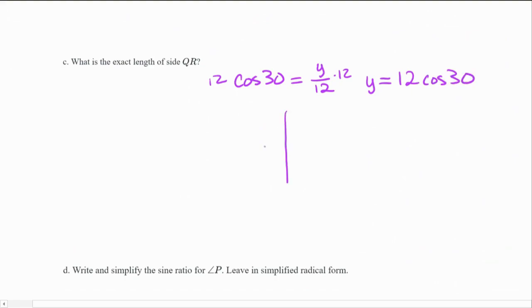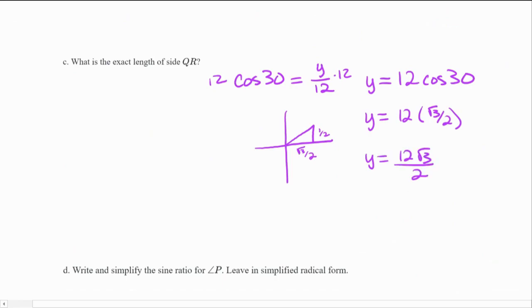Again, I know the cosine of 30 using the unit circle, because I said the sine of 30 was 1/2, and the cosine here is actually root 3 over 2, because root 3 over 2 is the side length of this angle. So y equals 12 times root 3 over 2.